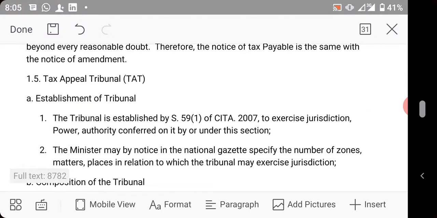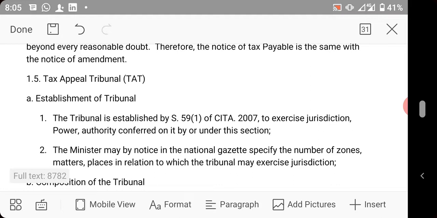Tax appeal tribunal. The tax appeal tribunal is a tribunal that is set up by section 59 subsection 1 of CITA. The essence of this tribunal is to adjudicate tax matters between taxpayers and FIRS.